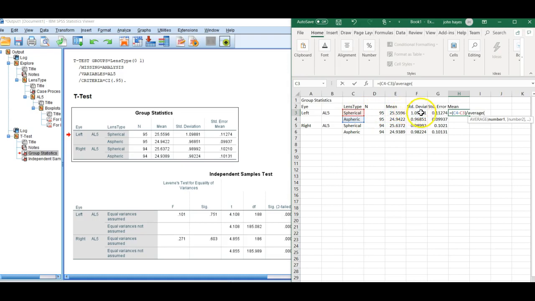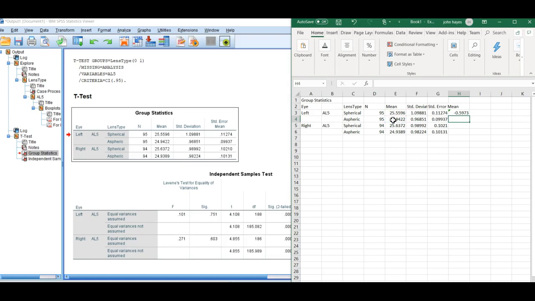standard deviation. And I just noticed I highlighted the wrong thing for the means. So we're going to move these guys over. Let's click on this guy here.